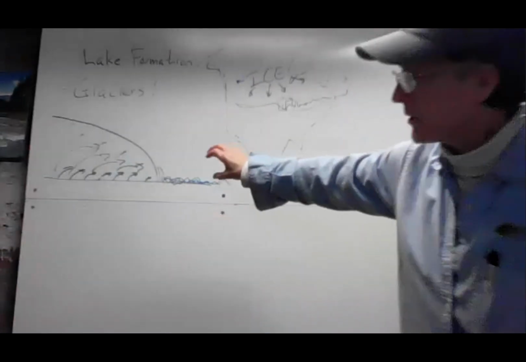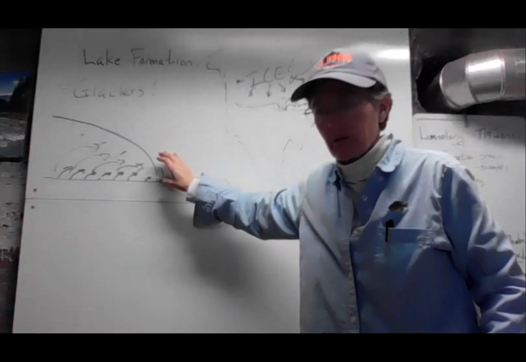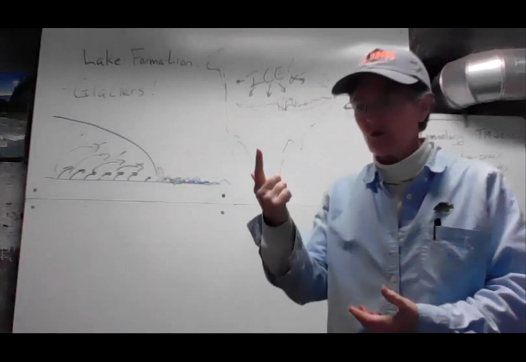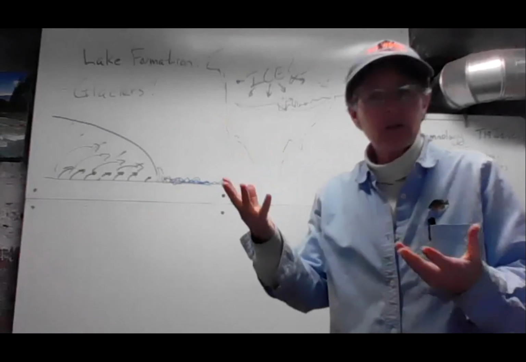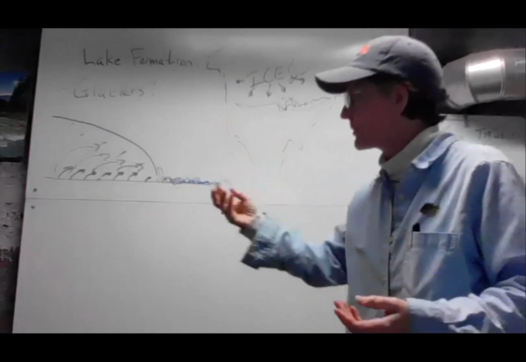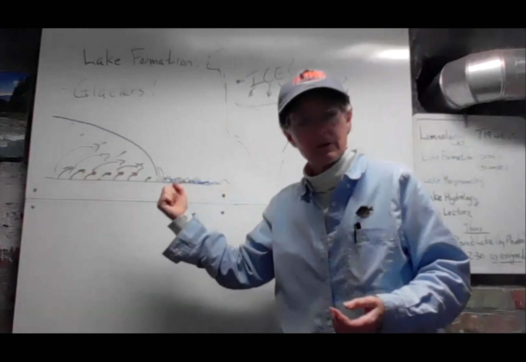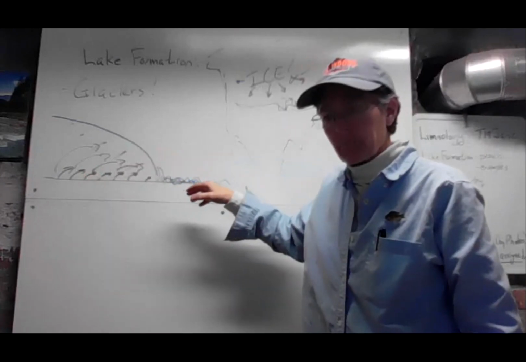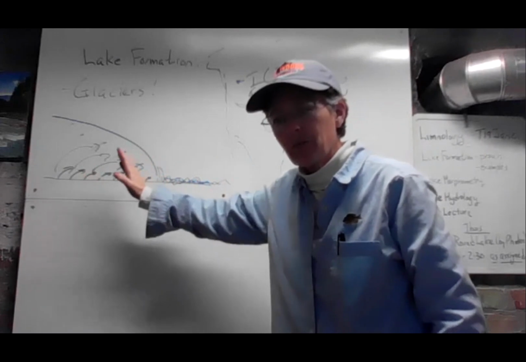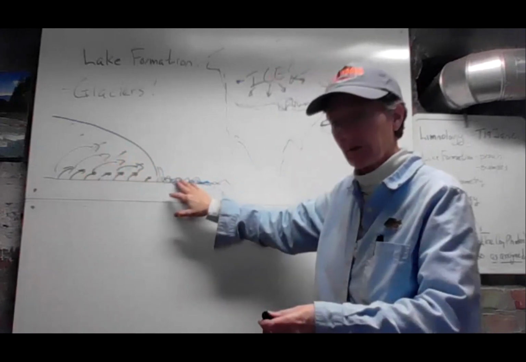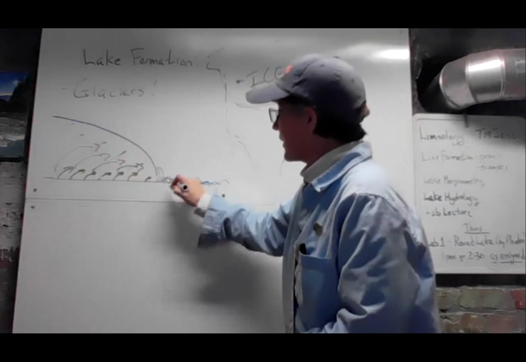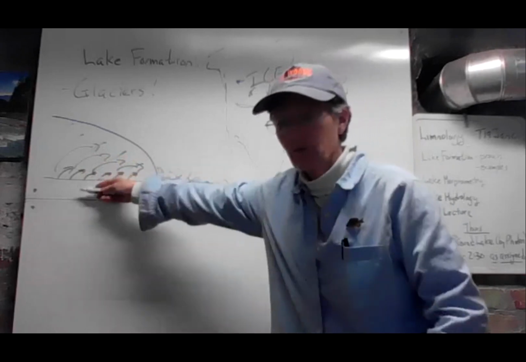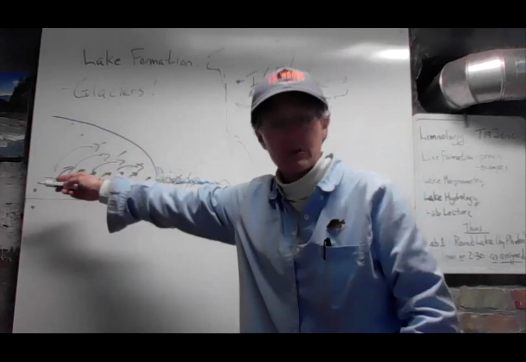So the ice here at the front of the glacier is full of stuff. It's full of sand and gravel and clay, right? It's full of all of this ground up rock material that it's scraped up off the ground. All of that stuff is mixed up in the ice. And when the ice melts, that stuff is left behind. So you have this constant deposit of sand and gravel and material that's been scraped from farther upstream, so to speak.